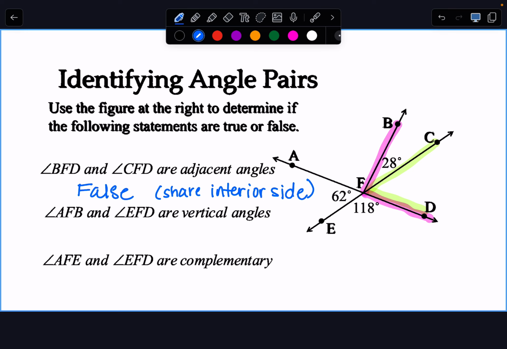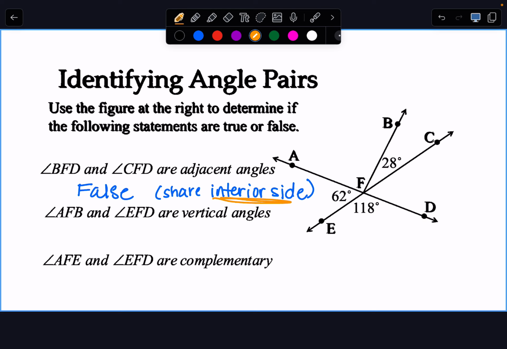If I wanted adjacent, I would have to say this angle and this angle. You see that? See the difference? What's an exterior? So an interior side is like inside the angle. Like this is our interior side.